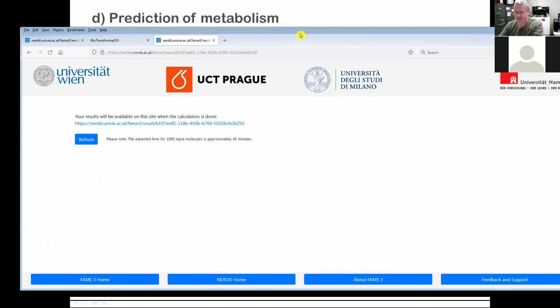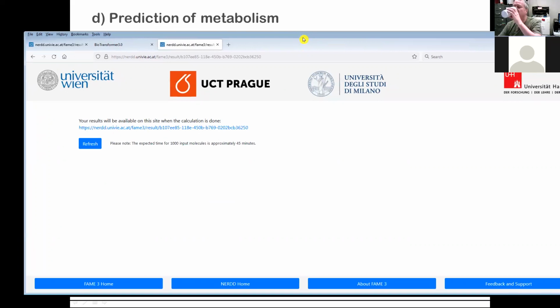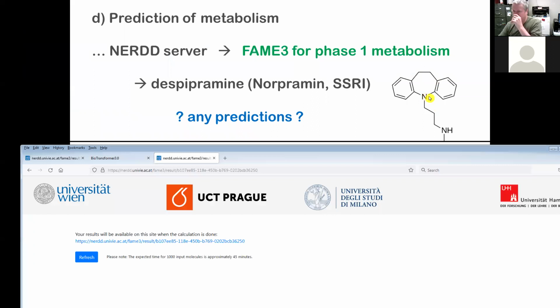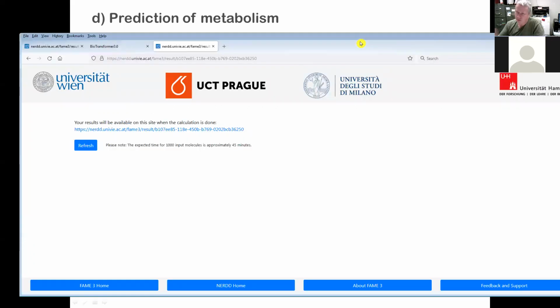Maybe 15 seconds. While it's going, the other nitrogen could potentially be metabolized, but the ones that are hanging off on the periphery are a little more likely to react. Okay, it's coming.